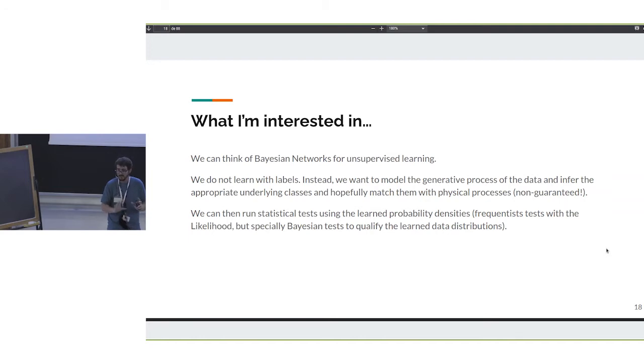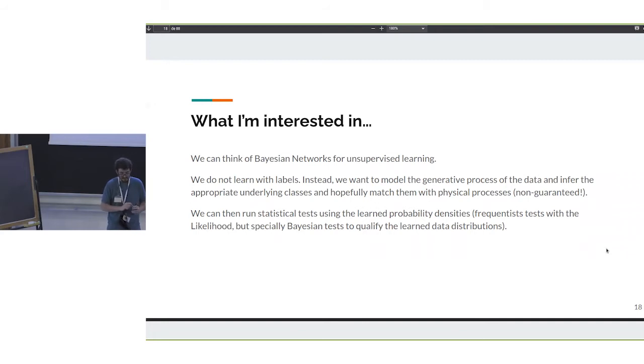This is not guaranteed. We can have a model that expresses the data very well, but whose underlying processes, if we think of it as a mixture of classes, do not reflect what we think of as the underlying classes. This is something that can happen, and one needs to develop some validation techniques to make this connection between learned classes and physical classes.